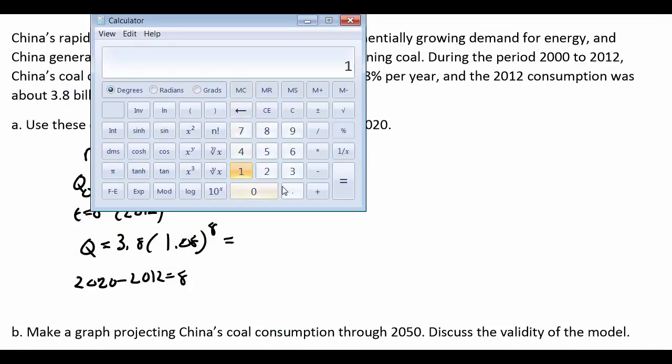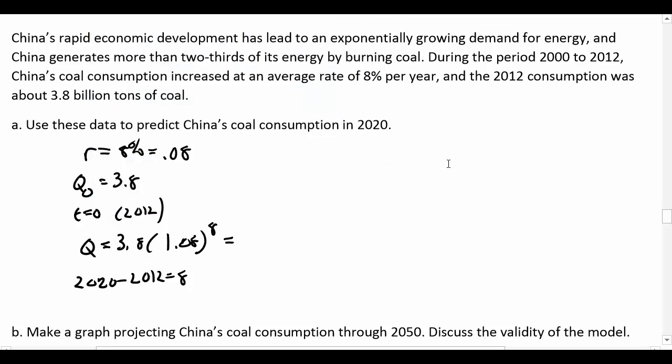So 1.08 raised to the 8th power, and then I want to multiply that by 3.8. Okay, so I get 7.03. So about 7 billion tons of coal. Yay. All right.